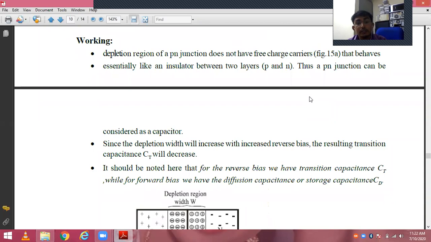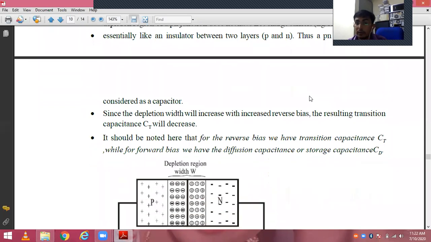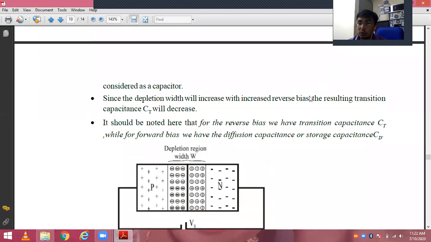The width of the depletion layer increases as the reverse bias increases, resulting in the transition capacitance decreasing. Whenever the diode is in forward bias, we have diffusion capacitance or storage capacitance.